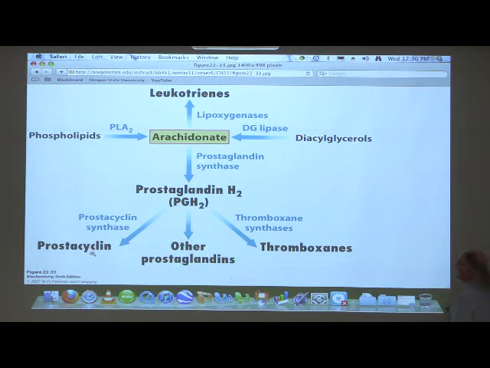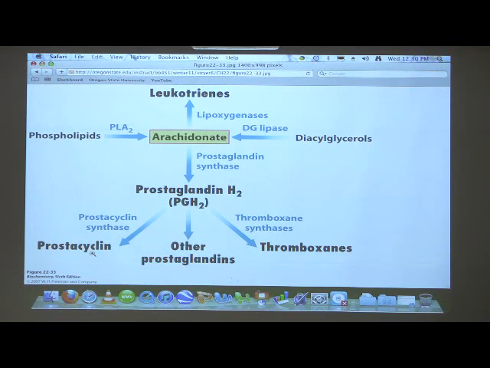So, another thing I need to tell you is that this enzyme here called prostaglandin synthase is responsible for making prostaglandins, no surprise. It has a couple of other names. One of the other names is it's called a cyclooxygenase. I'll show you why that's the case when I show you structures in a minute. We don't need to worry about structures for the moment.